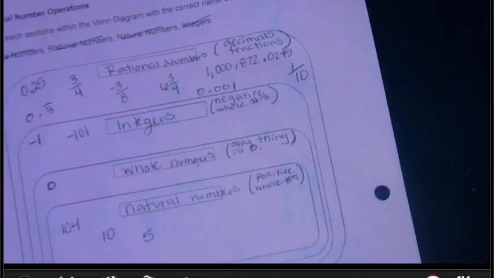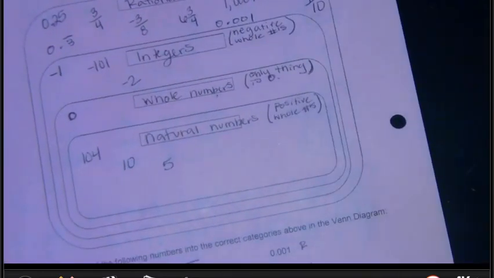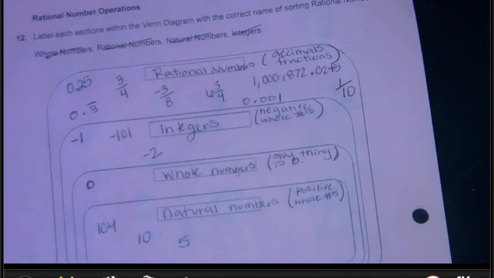So 1,872.0245 goes into my rational numbers. 1/10 is a rational number because it's written as a fraction. And then my last one, negative 2, this is an integer because it's negative. So this is where all of your numbers should end up.